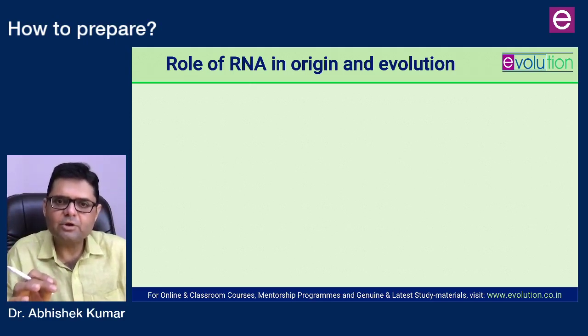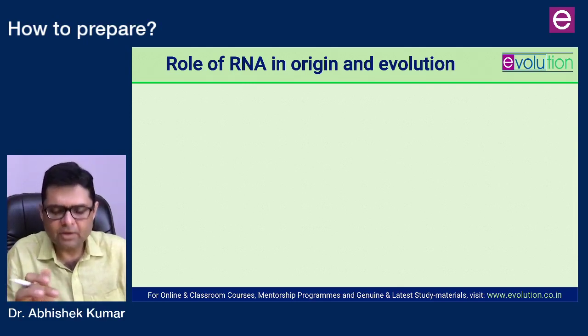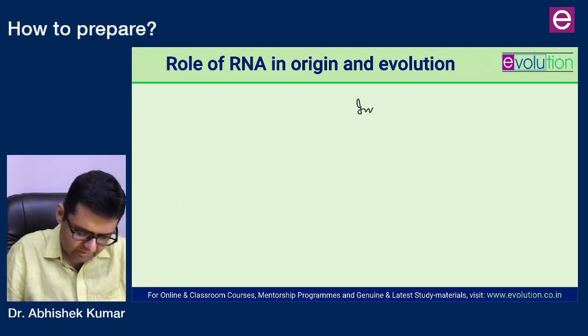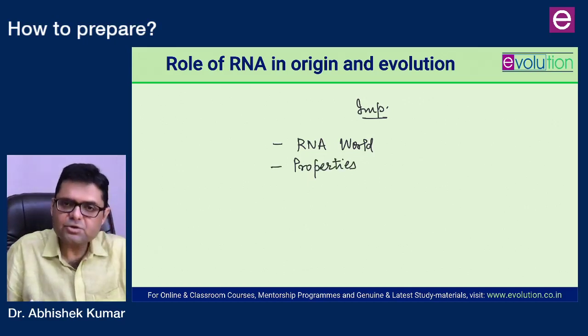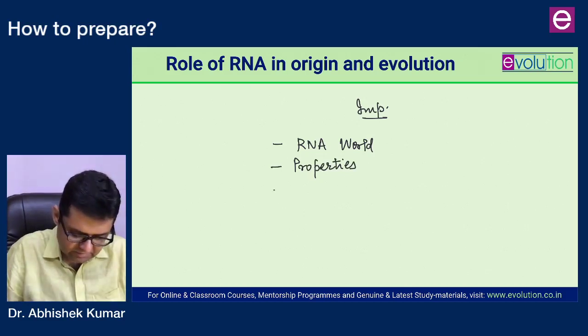properties of RNA because of which it could have been the very first molecule, and finally, what are the shortcomings of the RNA world hypothesis. This is an important topic. And here you have to do the RNA world hypothesis. What is it? What are the properties of RNA which give credence to the RNA world hypothesis?